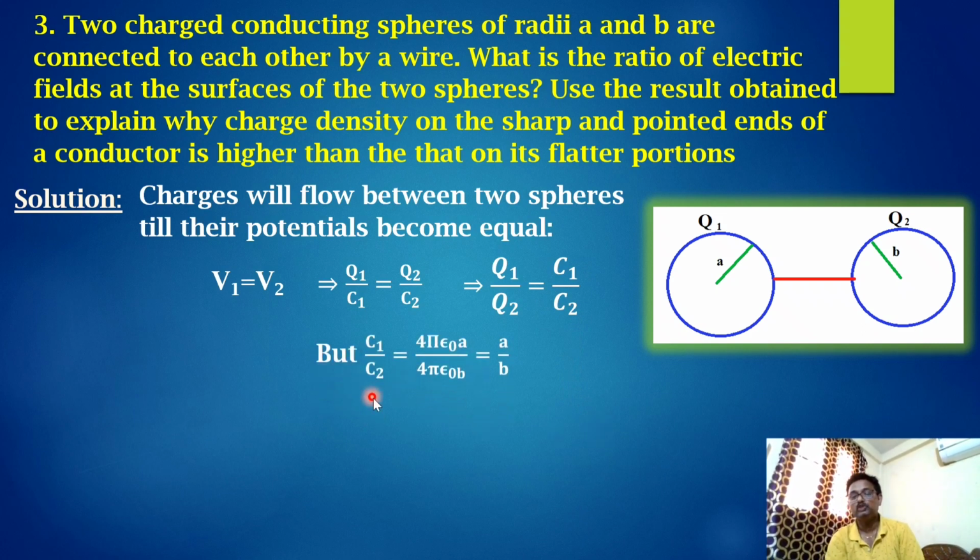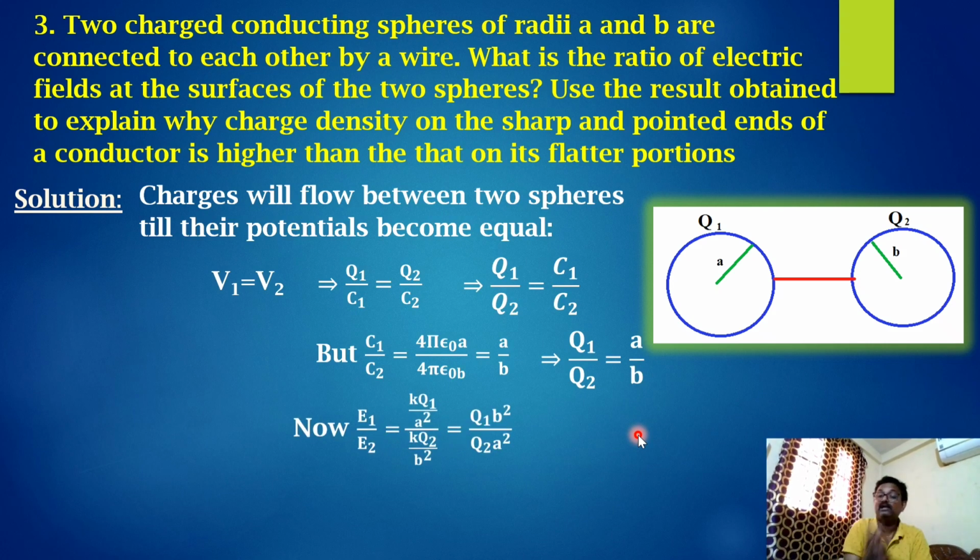But C1 by C2 means the capacitance of the conducting sphere, that is 4 pi epsilon naught into radius A, by 4 pi epsilon naught into radius B. The 4 pi epsilon naught cancels, and we will get A by B. So Q1 by Q2 is equal to A by B.